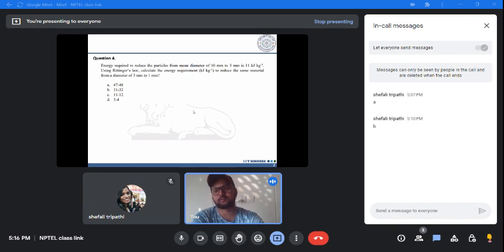And the fourth question: energy required to reduce the particle from a mean diameter of 10 millimeter to 3 millimeter is 11 kilojoule per kg. Using Rittinger's law, calculate the energy requirement to reduce the same material from a diameter of 3 millimeter to 1 millimeter.